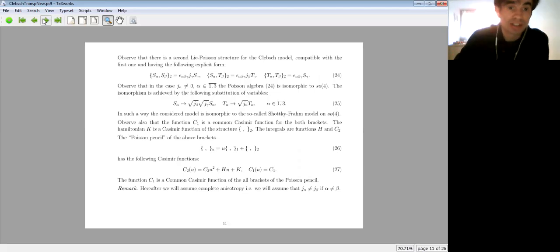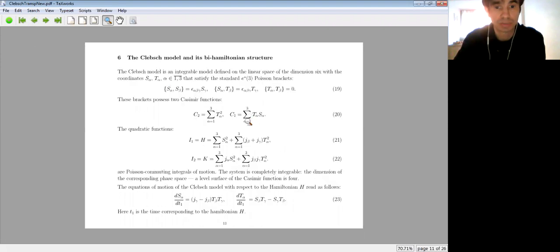Another important fact is that there is a second Hamiltonian structure, a second Lie-Poisson structure, having the form 24, containing the parameters iota, which are free parameters in our Hamiltonian, playing the role of anisotropy parameters.